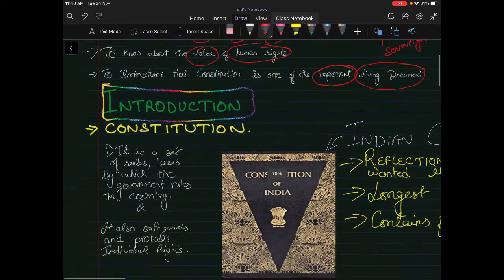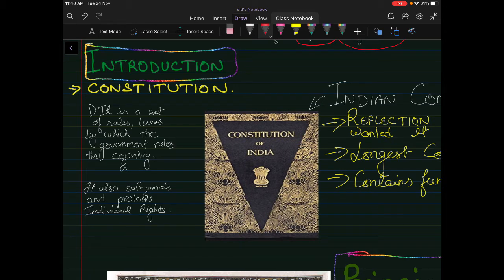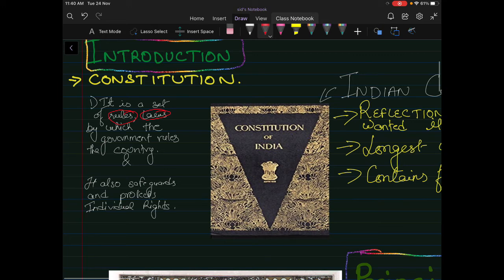So now let us start the chapter. Okay, introduction. Before the introduction, I would like to explain what we mean by a constitution. I think you've already learned in your previous lessons, but a constitution is a set of rules and laws by which the government tries to rule the country. It is a book which has a set of rules and laws, and the government runs the country.